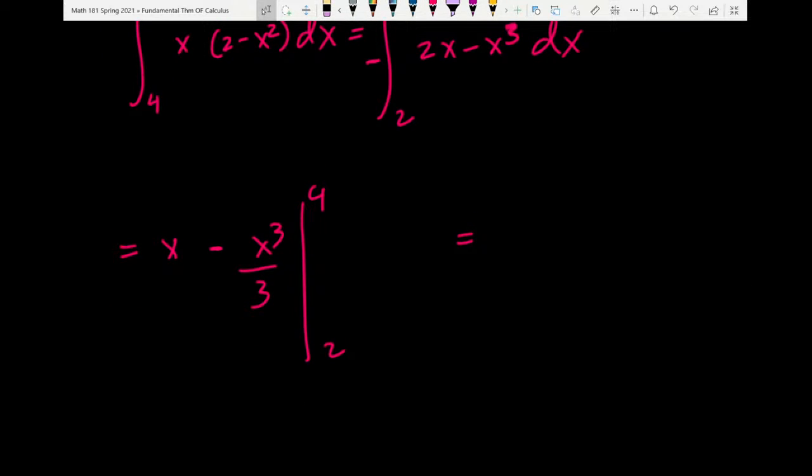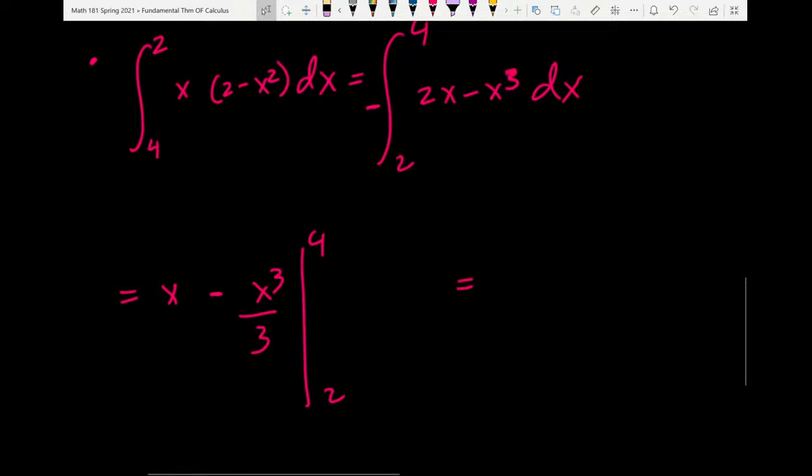If I plug that into the function, let me make sure I did that. 2x, x cubed, yep.